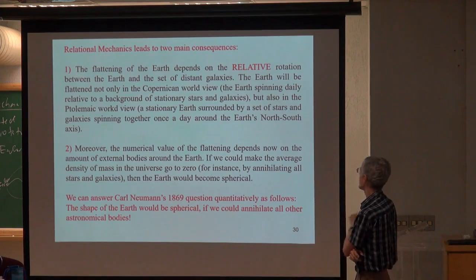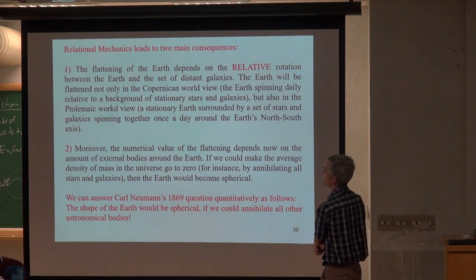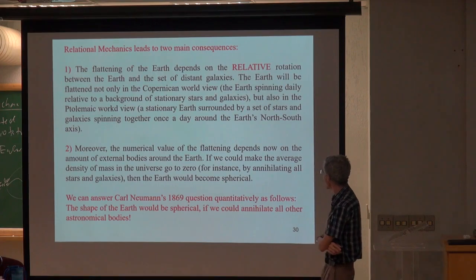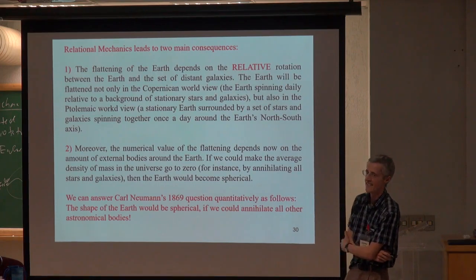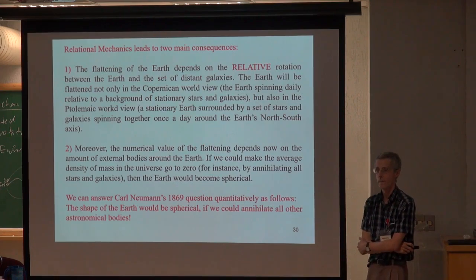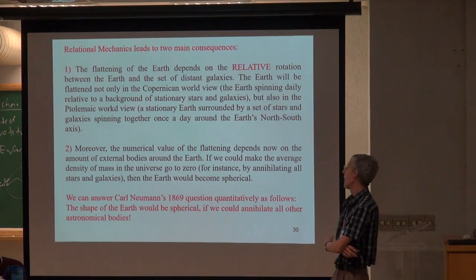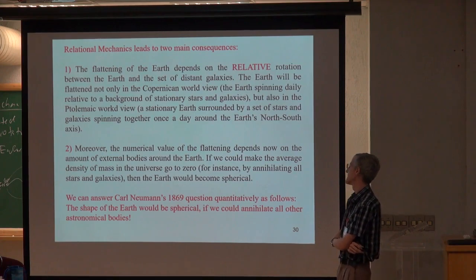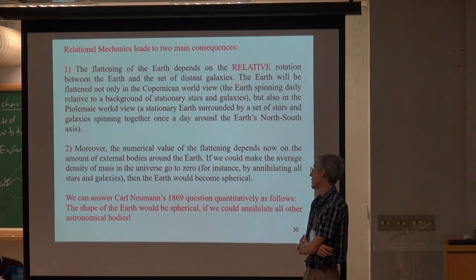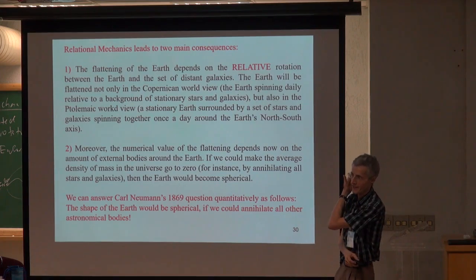If we could make the average density of mass in the universe go to zero, for instance, by annihilating all stars and galaxies, then the Earth would become spherical. We can now answer Carl Neumann's 1869 question quantitatively as follows, according to relational mechanics, obviously.